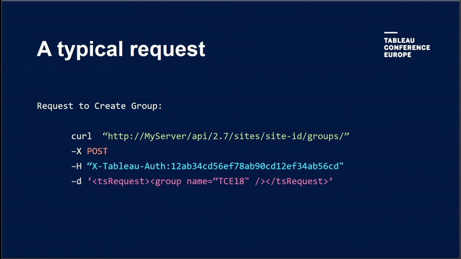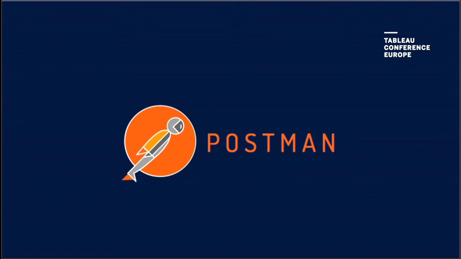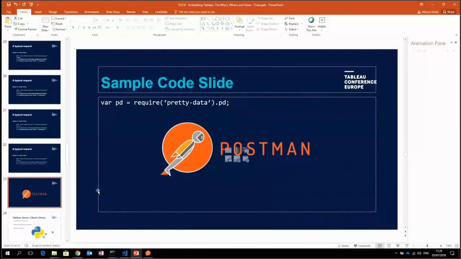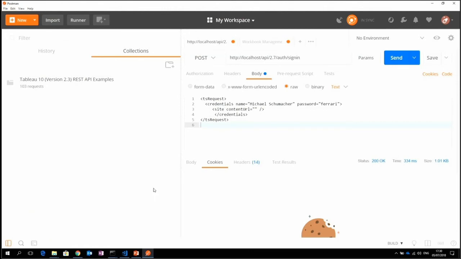That's a typical request. And a customer actually showed me this. He showed me Postman, which is an open source and free tool to explore and use REST APIs at a proof of concept level, right? You can use any API and understand what it's doing and how it functions, but really more on a proof of concept basis.